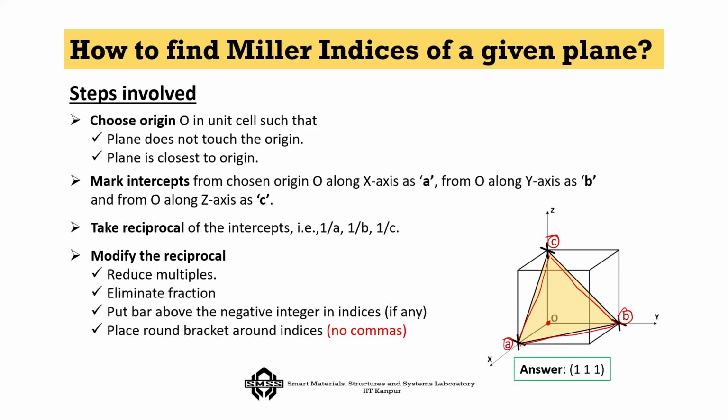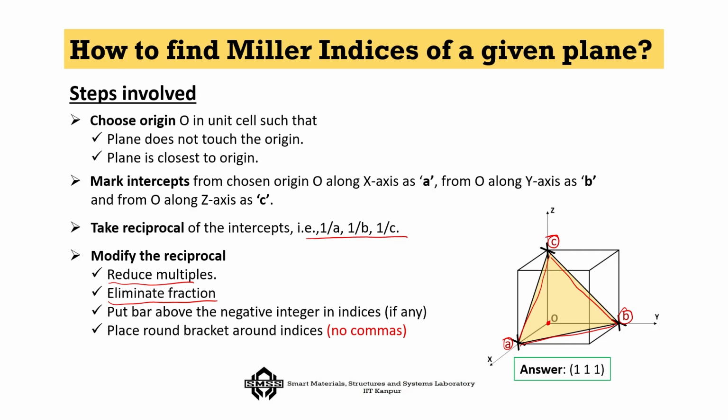But if A is 2, B is 3 or C is 4, then it will be accordingly normalized such that it would become half, 1/3, 1/4. So, like that, take reciprocal of the intercepts, that is the condition, and modify the reciprocal if there are multiples there. You just divide it by a common multiple. So, reduce the multiples, eliminate the fractions finally.